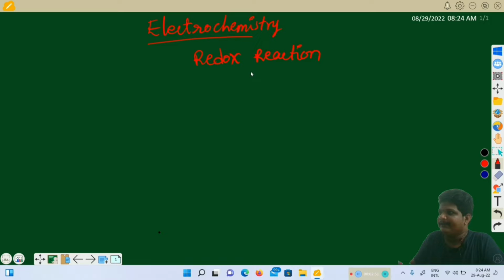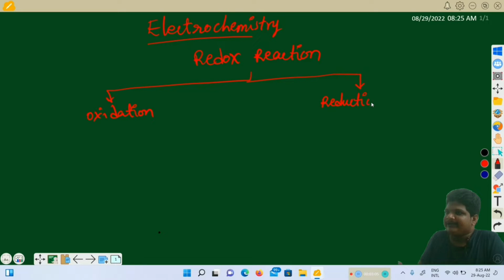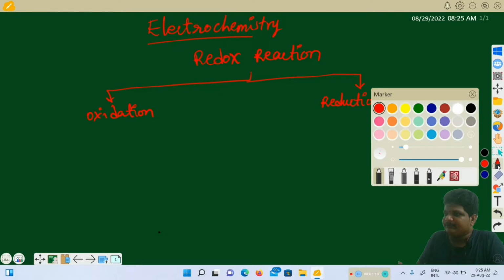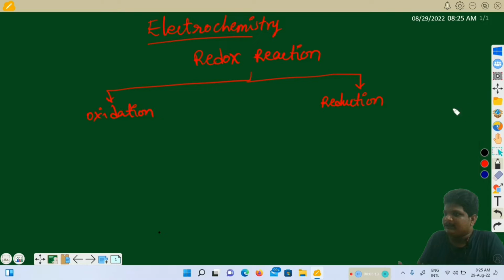Now here I am using two terms. One is oxidation, and another term is reduction. Generally, oxidation and reduction can be defined as follows. Oxidation is the addition of oxygen.